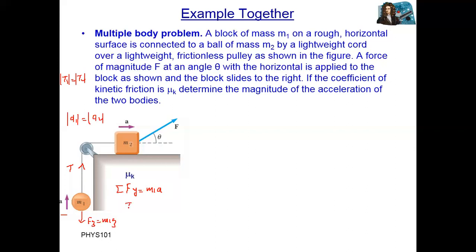So we can write tension minus m1g is equal to m1a. Or we can find the tension value, T is equal to m1a plus, because minus becomes plus, m1g. This is the tension force equation for mass number one.